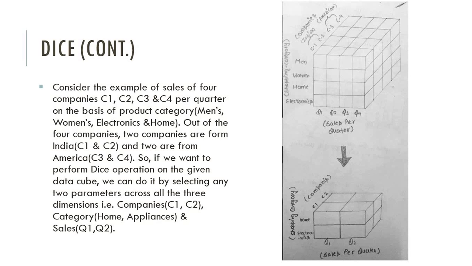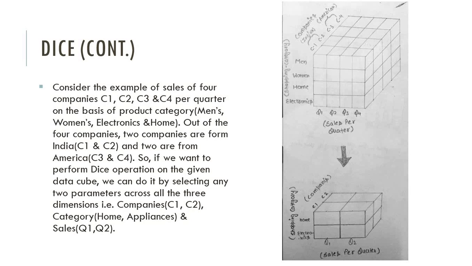Then we can perform the dice operation. Dice operation cuts the small data from the data cube. So the resultant cube maintains all the dimensions. So in our example, the 3 dimensions quarter, shopping category, and companies are maintained.